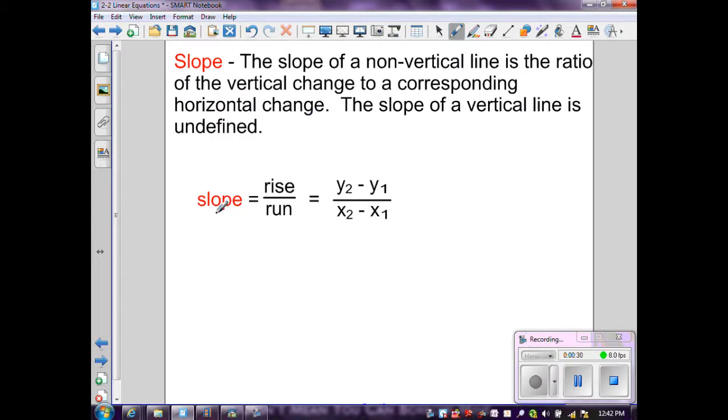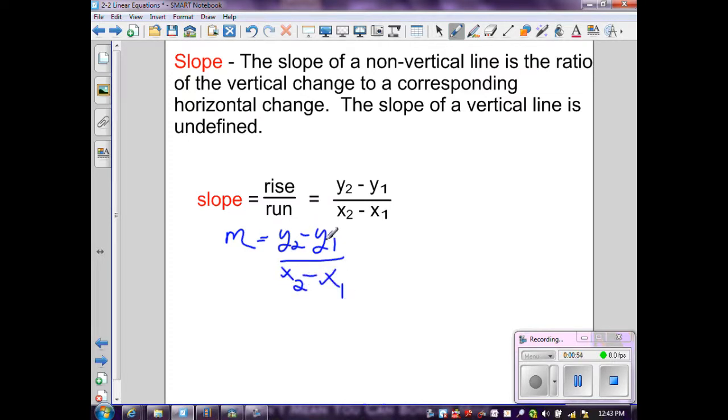So our formula for slope is rise over run, and it is known as y sub 2 minus y sub 1 over x sub 2 minus x sub 1. Its symbol for slope is also the lowercase m.